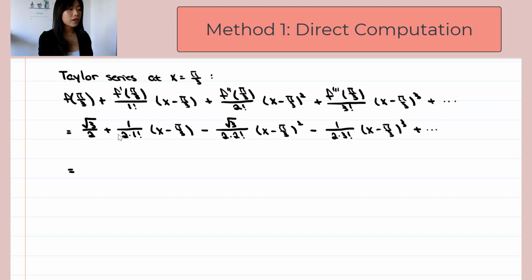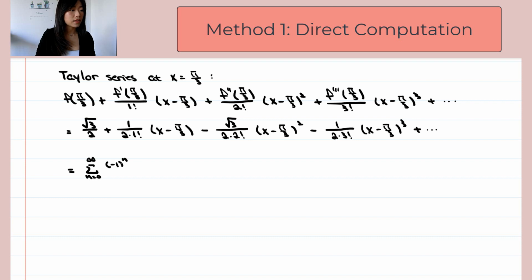In the denominator, here we have 0 factorial. Here we have 2 factorial. So the next one will have 4 factorial. And the exponent is 0, 2, next one will be 4. So using a sigma notation, it would be the sum for n starting from 0 of negative 1 to the power of n, since the sign alternates.